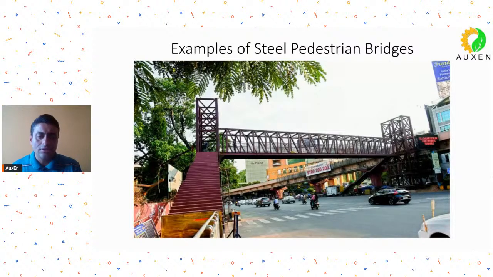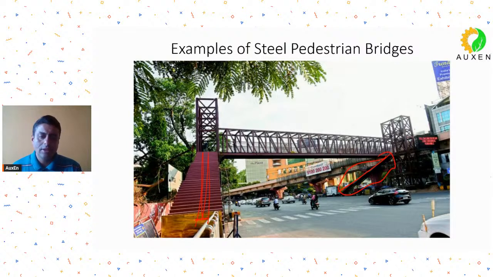Why are these staircases always in opposite directions? If you see one staircase like this, and the other staircase going in the opposite direction, why do you think these staircases are always in the opposite direction? I think you will be able to guess it, because you want lateral stability for this entire system.